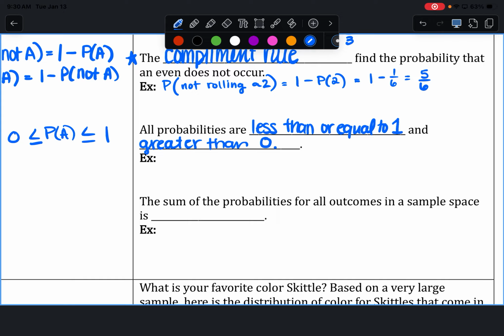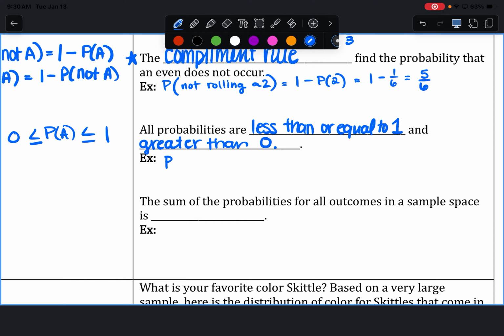Something either happens or it doesn't. I cannot have a negative probability, and I cannot have a probability of greater than 1. Okay? There's no way for me to. There's only 6 sides, there's only 6 possible options. I can't have 12 options. Okay? So that is what that means. It has to be greater than or equal to 0 and less than or equal to 1.